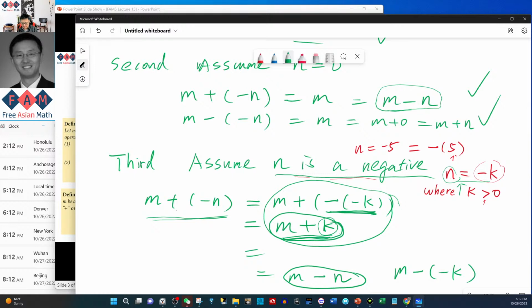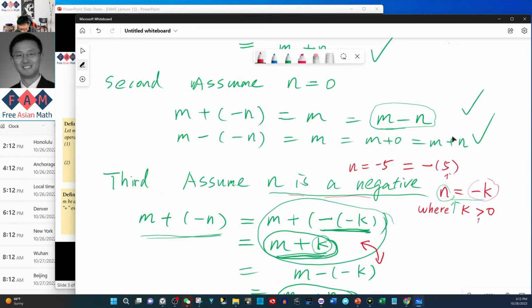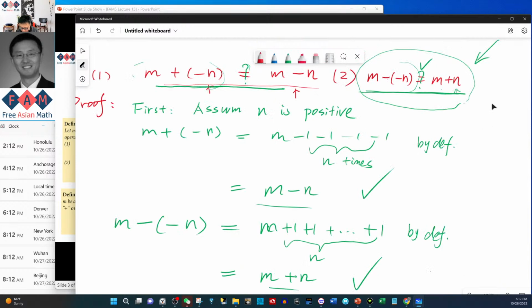Okay? So, to make it very clear, this is m minus negative k. And how do we go from here to here? That's the result we have seen earlier right here.